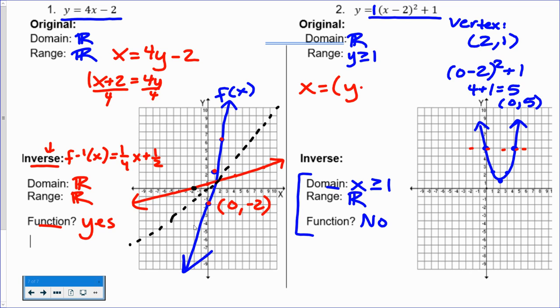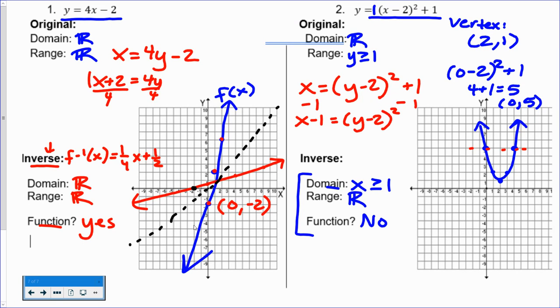So I'll swap my x and my y. So I want to subtract 1 here. Now this kind of confuses students quite a bit. A lot of them want to take y minus 2 times y minus 2, but you're going to get y squared minus 4y plus 4. So you're going to get multiple y's, and then you will not be able to get y by itself.